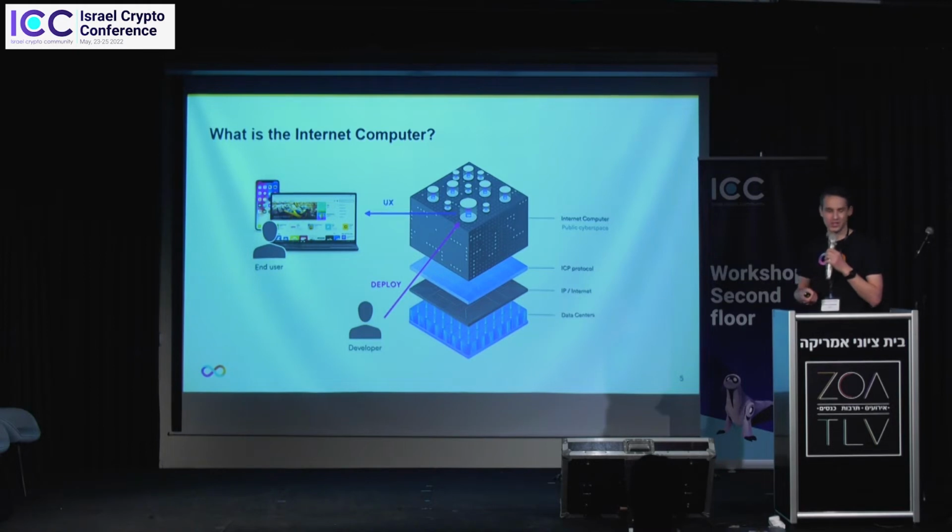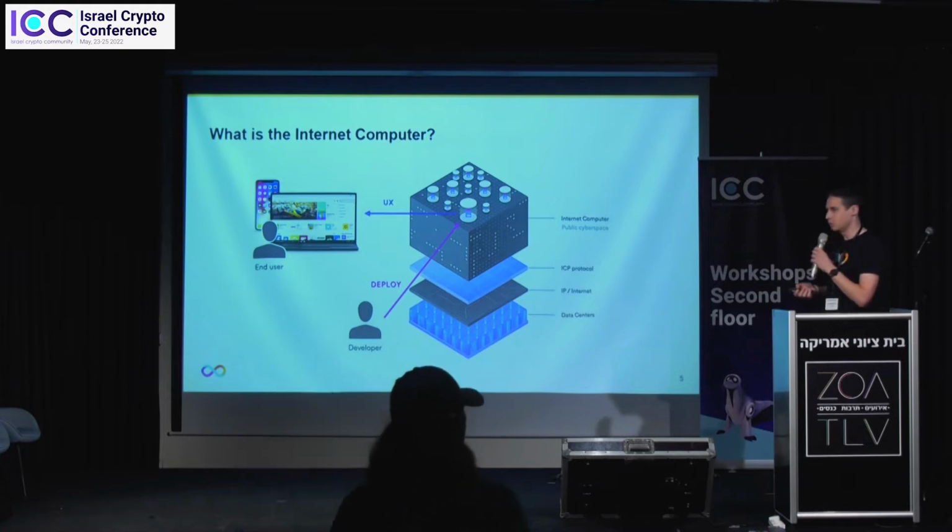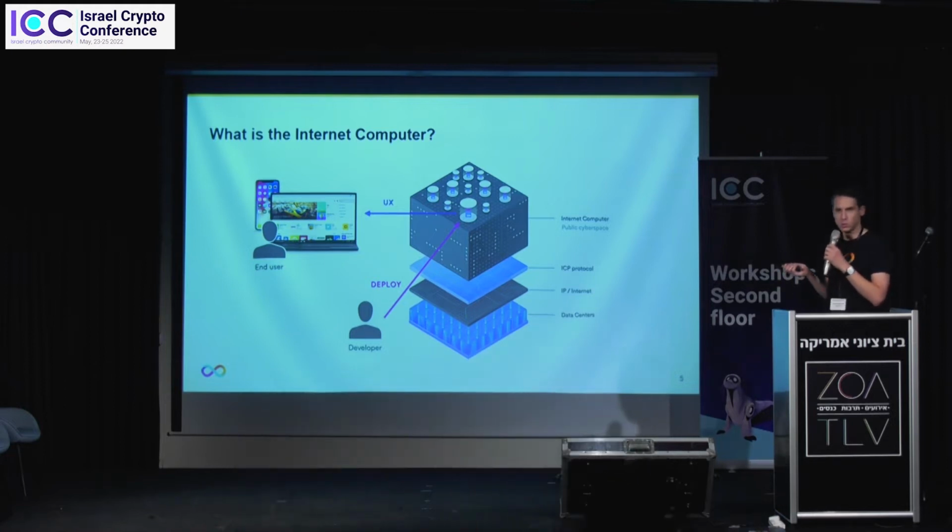But we have special support for Rust, where we offer an SDK, and also Motoko, which I'll come to in a moment, which is the special purpose language that we created at DFINITY to write those smart contracts more easily. And so in this workshop, we're going to push actually 2 WASM modules onto the internet computer, and you can then access them with your browser hosted from the internet computer.